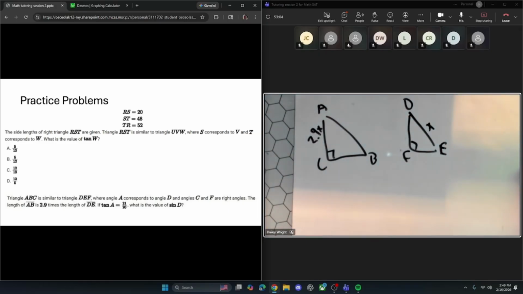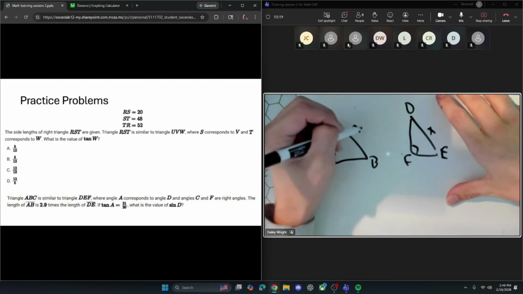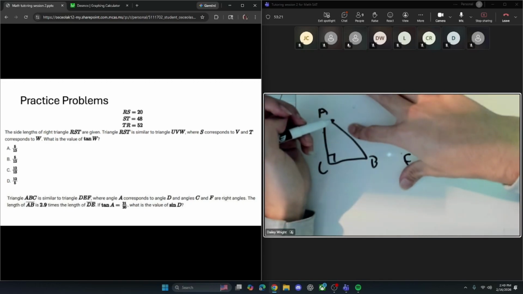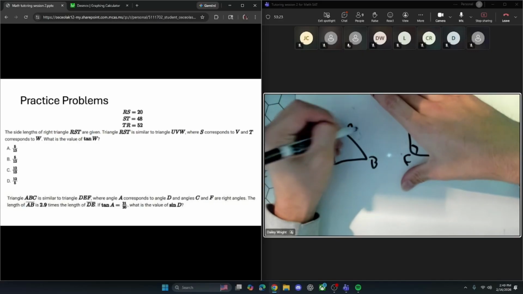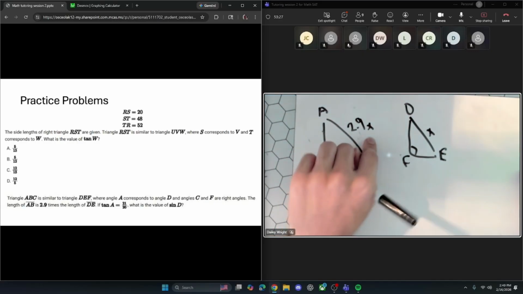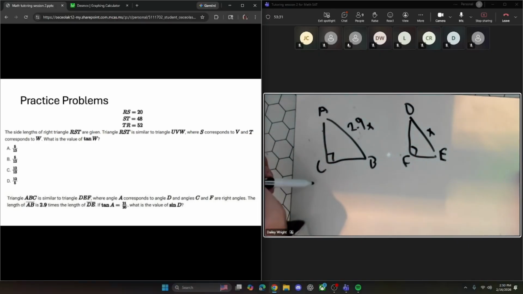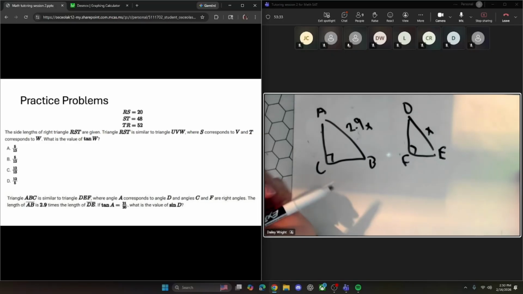So if we call DE x, then AB is 2.9x. Oh, this is AC. So this looks like we have a scale factor of 2.9 for our dilation. It would go from DEF to ABC, and it would be a scale factor of 2.9.